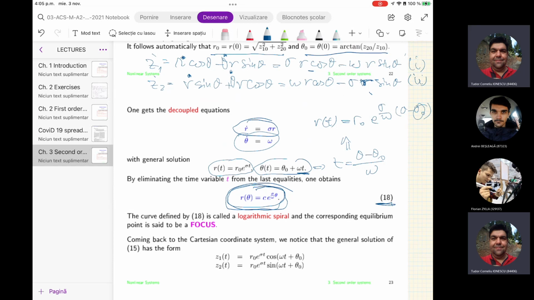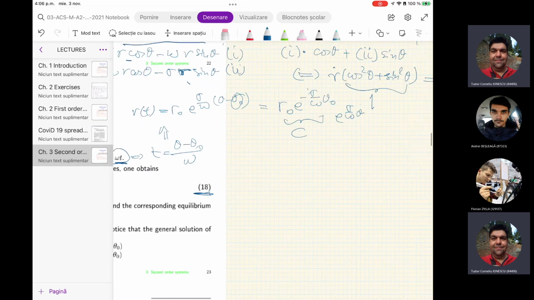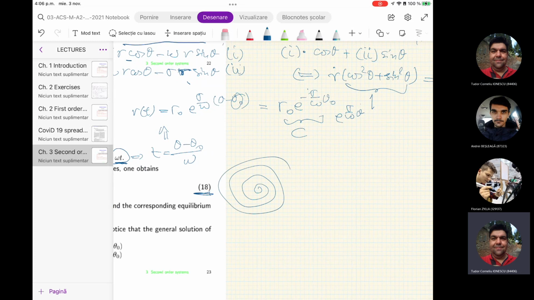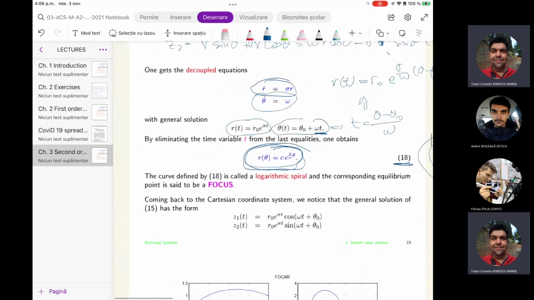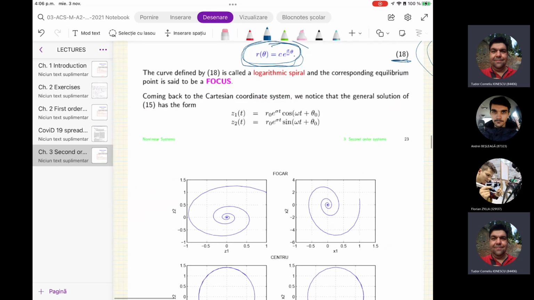Because theta is a linear function of time, and this exponential is growing or decreasing. So this is a logarithmic spiral. Essentially, you have to get something like this. It's called a focus.